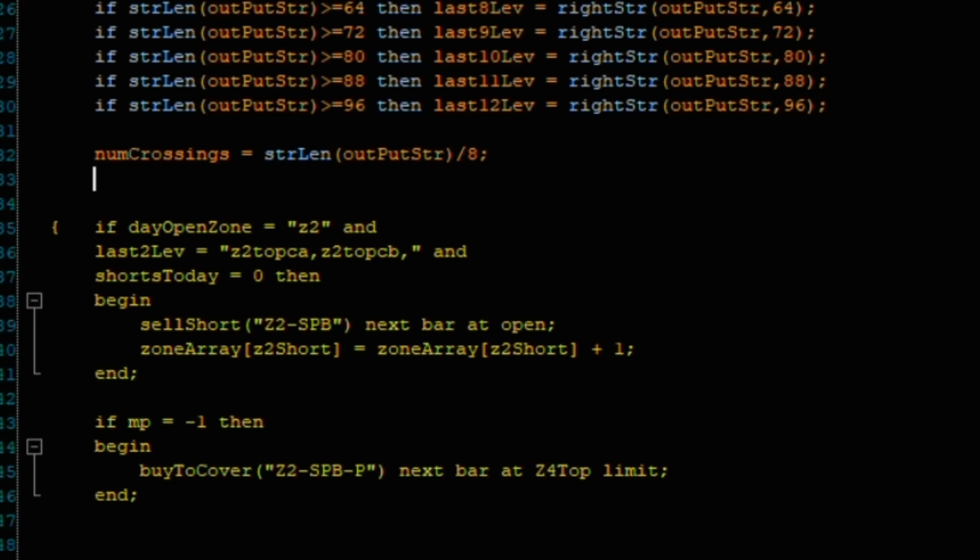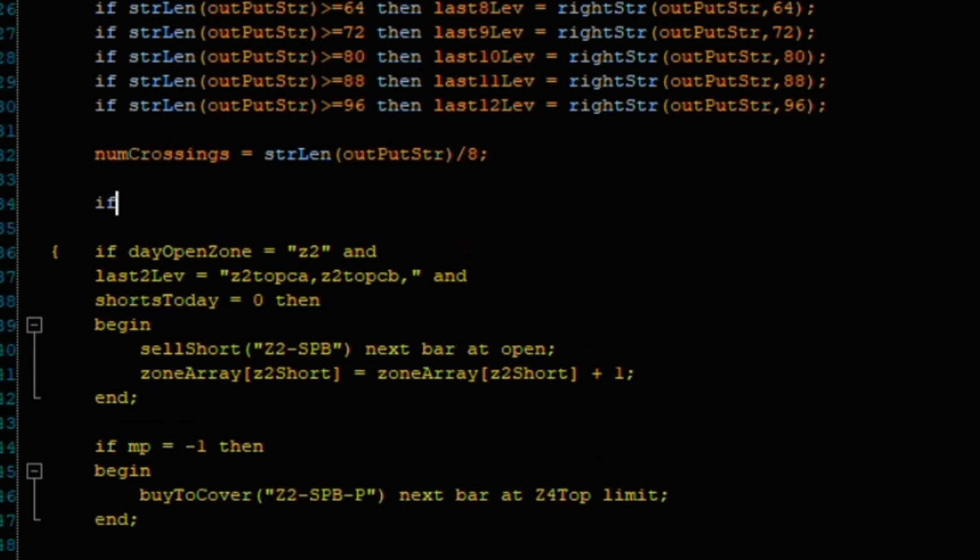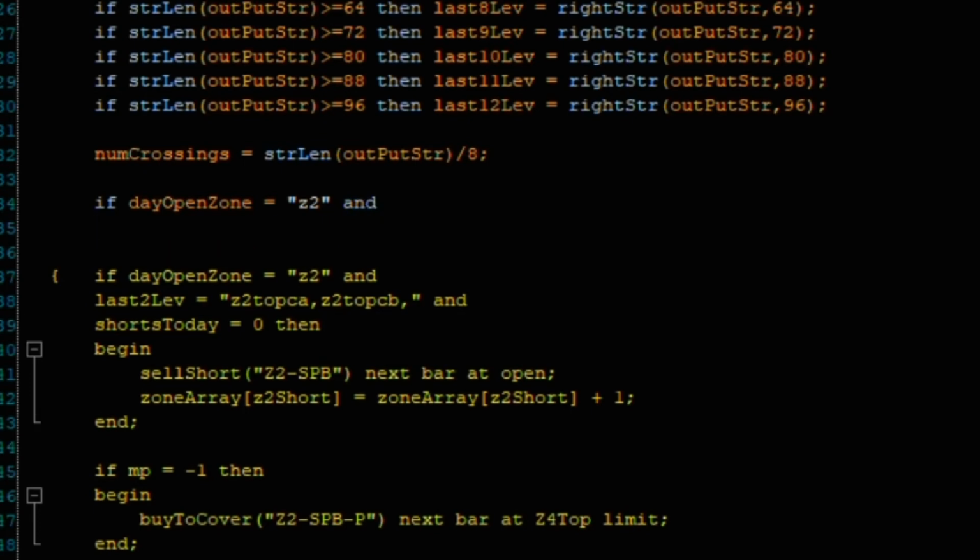Now the first thing I want is the day open zone, and this is a variable that's predefined. You have to learn the syntax of the framework. I want to open in zone 2, and of course this is all included in the manual. And what else do I want it to do? Well, how many tokens were there? There were 4 tokens, or 4 strings.